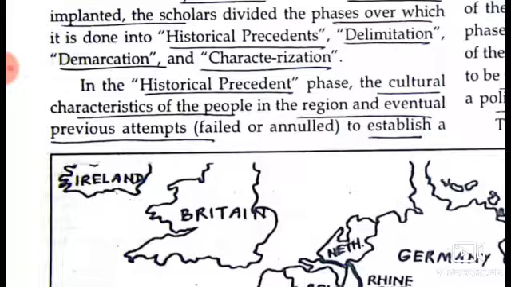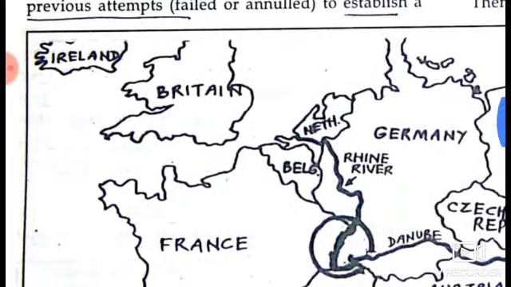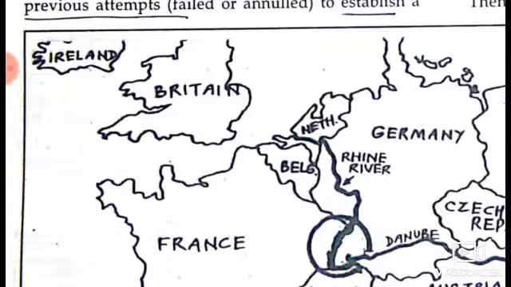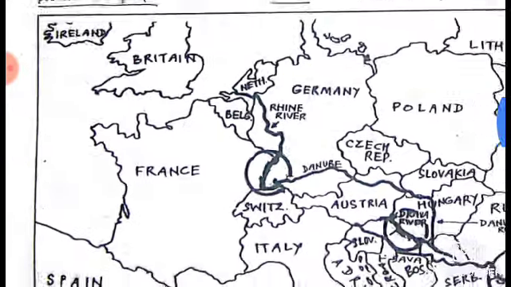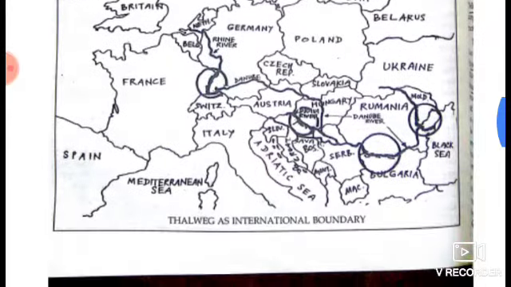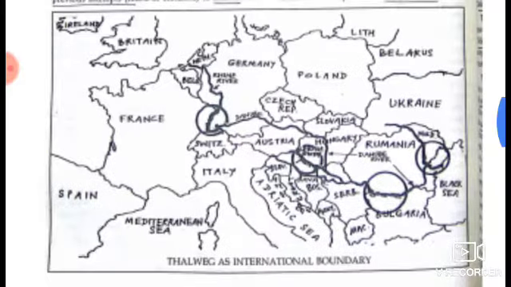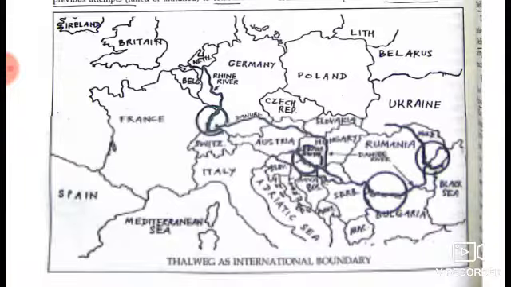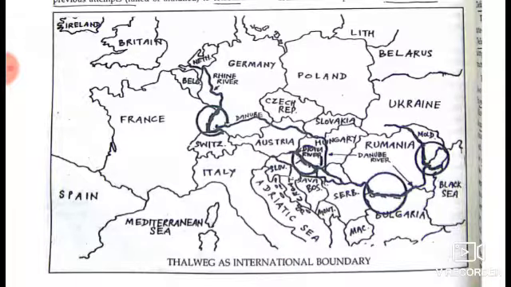or annulled, to establish. Ireland, Britain, France. So the Thalweg as international boundary, you can see in here. Mediterranean Sea, France, Switzerland. Here you can see in Germany, the Rhine River.